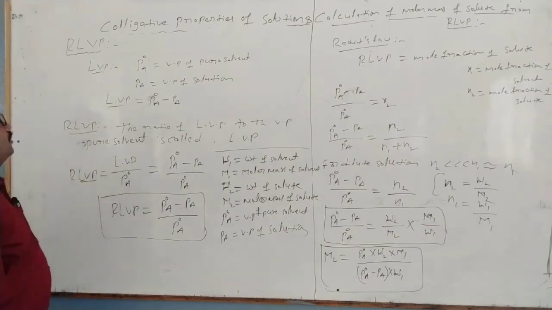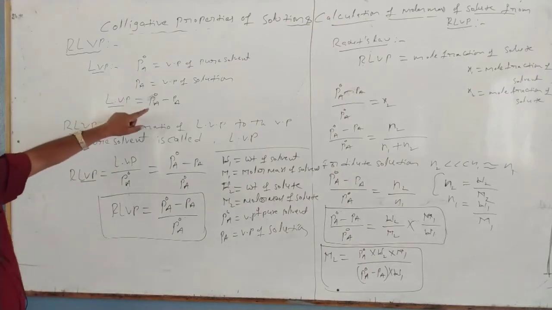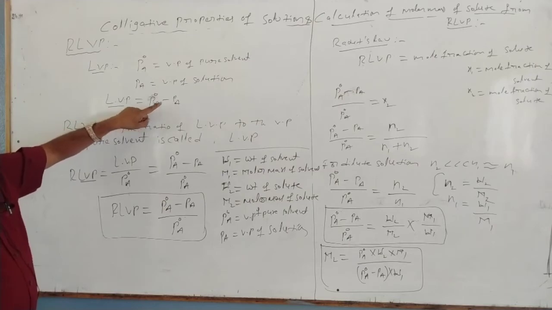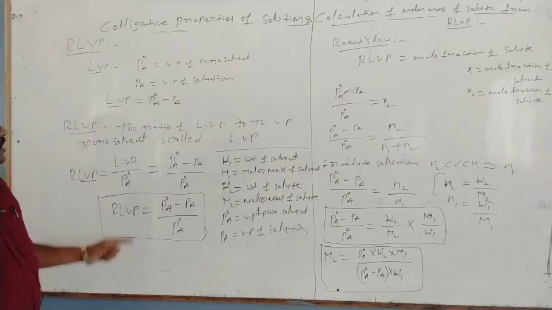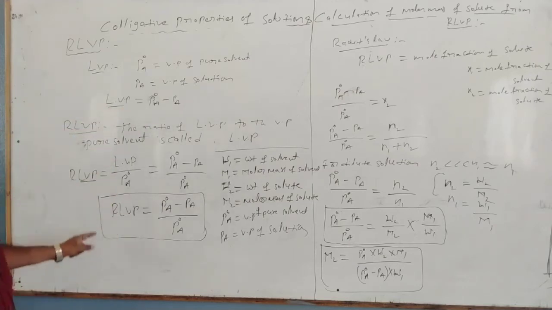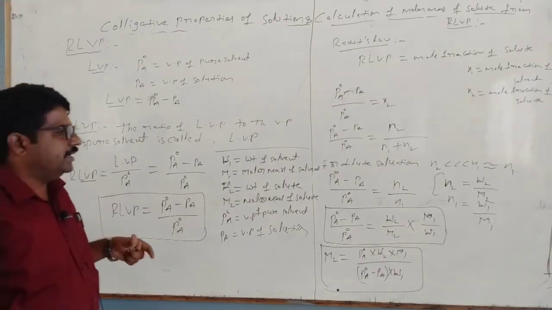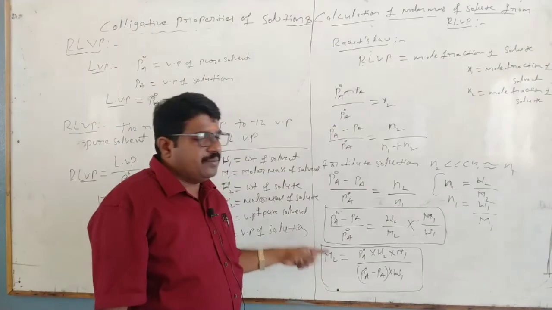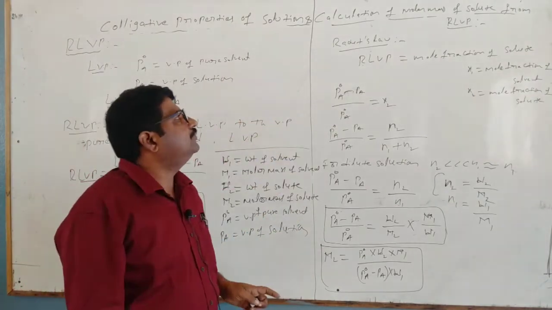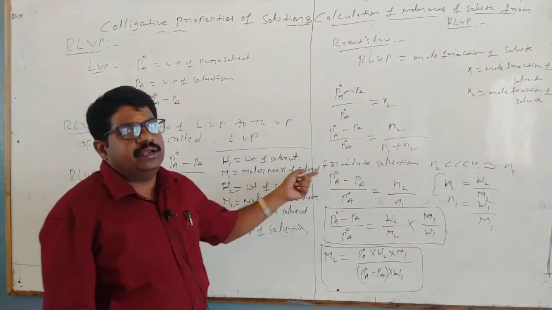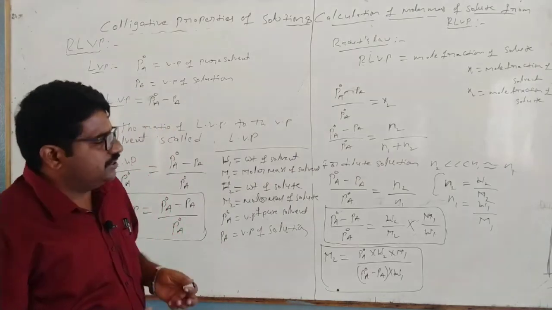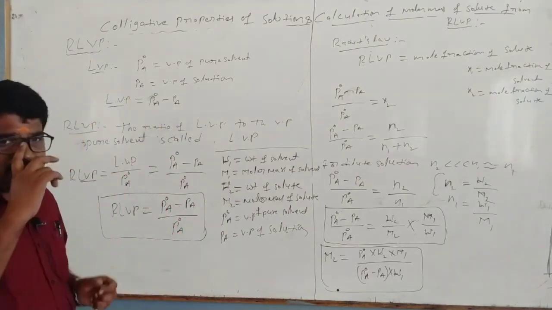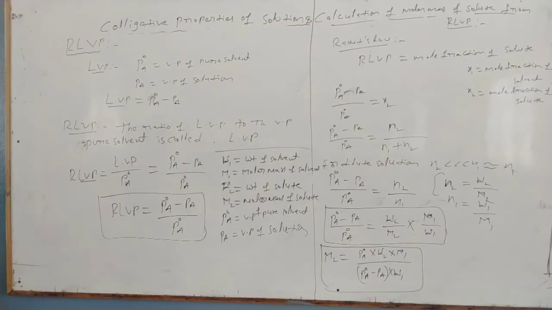Lowering of vapor pressure means the vapor pressure difference between pure solvent and solution. From this you have to calculate the molecular mass of the solute from RLVP. This is the method. Okay? So this is RLVP. Now coming to the second one, elevation of boiling point.